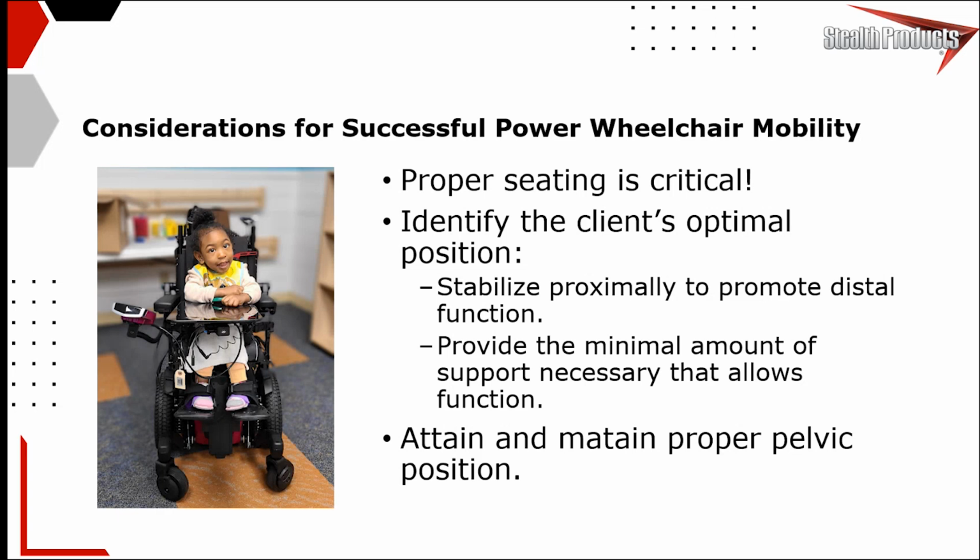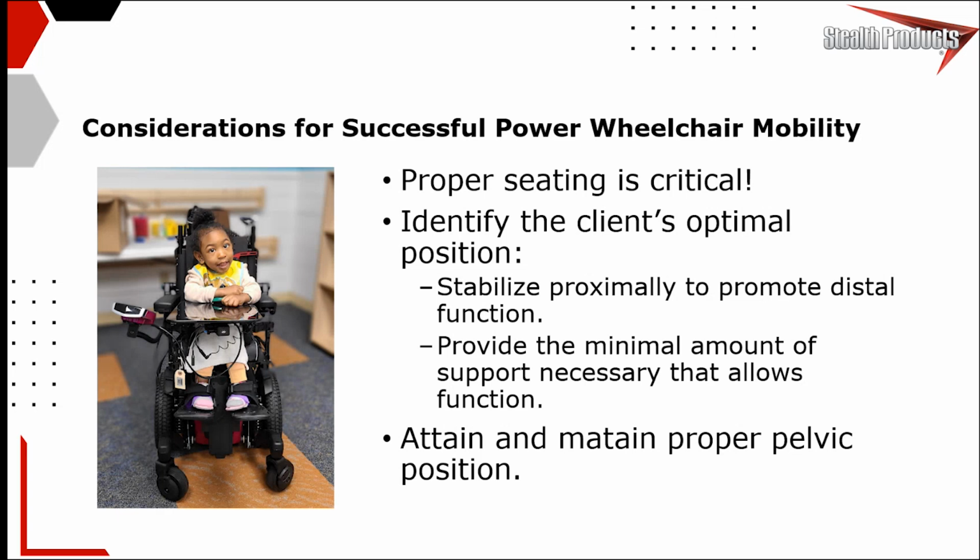And so following that quote, the general rules here should not be news to anyone on this webinar, right? We need to find that client's best, most functional position, and that should always start with a well-positioned pelvis. And then we remember our old rules here, right? Stabilize proximally to promote distal function. And we do that while we provide hopefully the minimal amount of support that gets the job done.